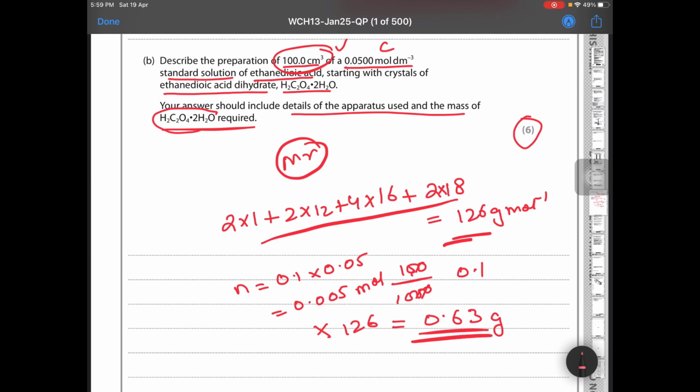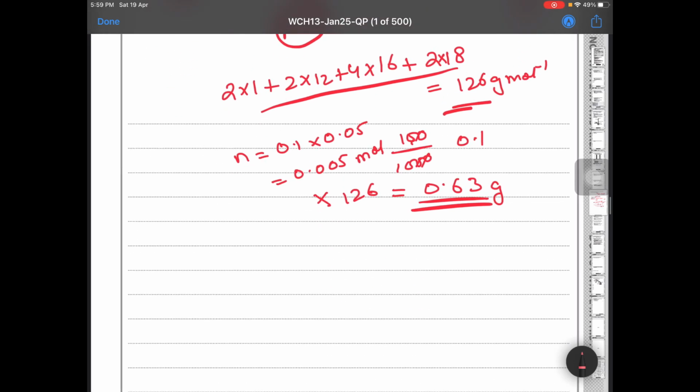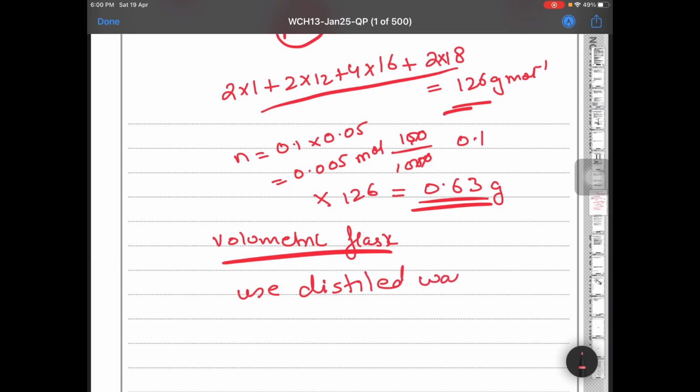Then you have to use the apparatus. Which apparatus are you going to use? You are going to use the volumetric flask. It has a reading on it. Then you are going to add your dihydrate and use distilled water and fill the volumetric flask with distilled water up to the mark.